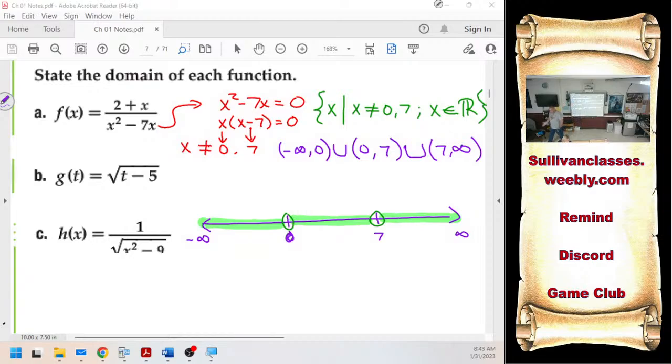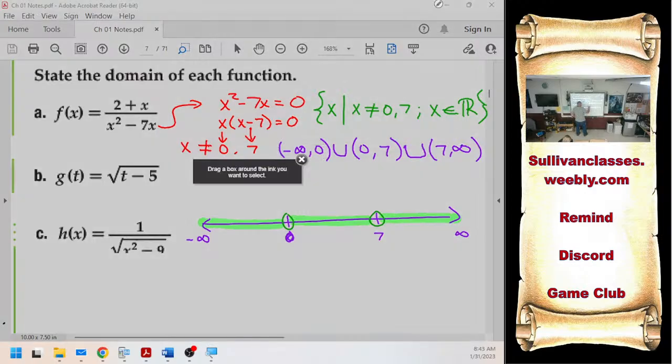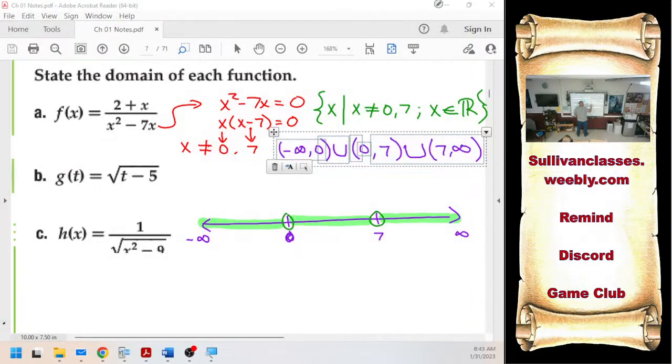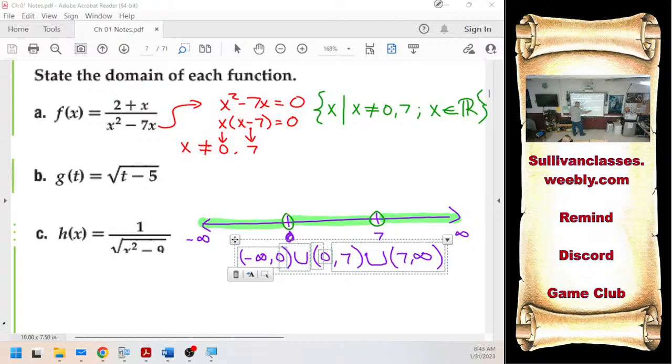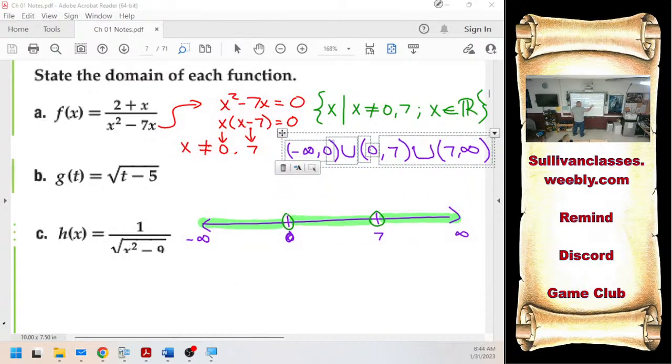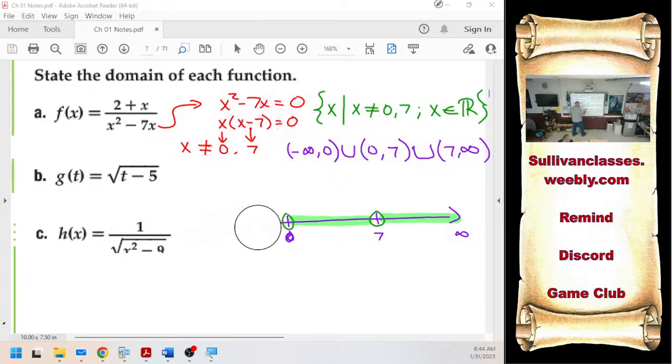This is why when we were talking about intervals yesterday, I had said you need to write them in numerical order. If I do this right, shouldn't my domain written in interval notation just match the number line? And you put the parenthesis union right on top of the guy you're saying no. So if you need to come back to this number line, go for it.